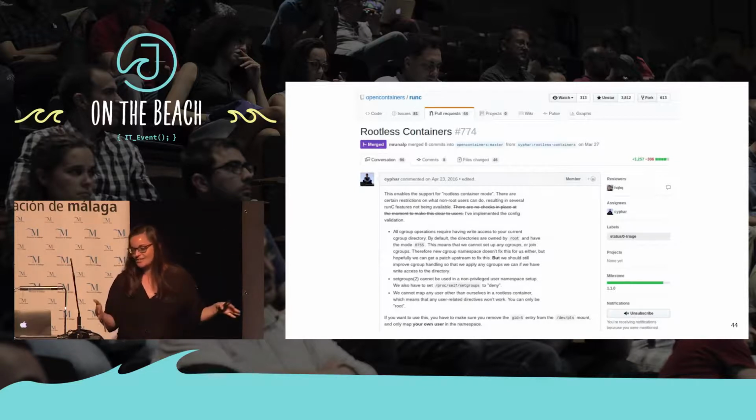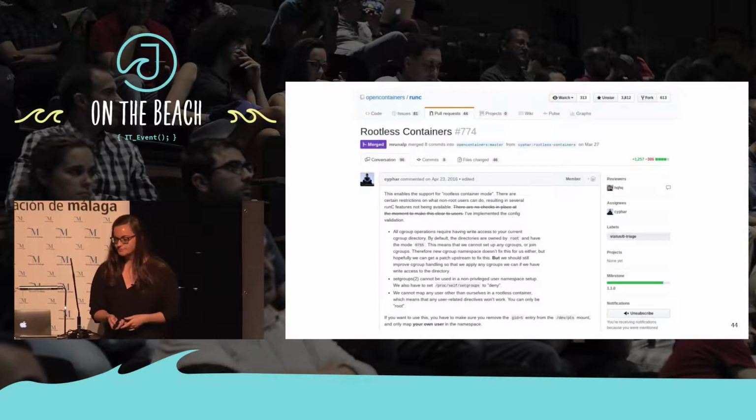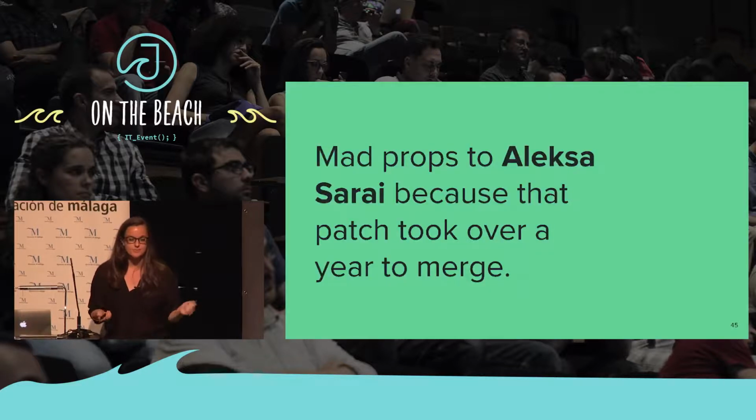So it took him over a year to get this into runc, and it's not even really fixing the problems with cgroups. It's kind of working around them, but it's really cool that it's in now so people can use it, with the exception of cgroups until that's fixed in the kernel. So mad props for waiting a year. If you've ever had a patch that took that long, it's the worst. I got emails every time he rebased it, and I was just like, wow, that pain is real.